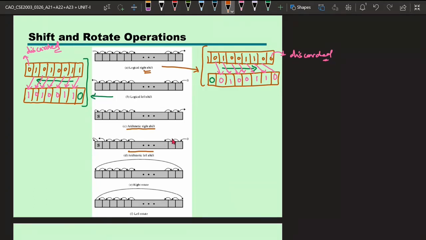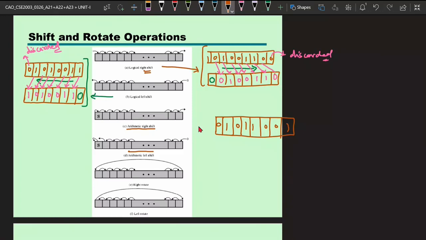Okay, so here suppose an example we are taking is this one. Suppose 0 1 0 1 1 0 0 1. This is the normal register that is given. We want to do an arithmetic right shift.